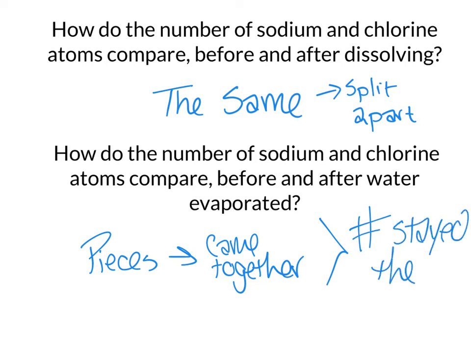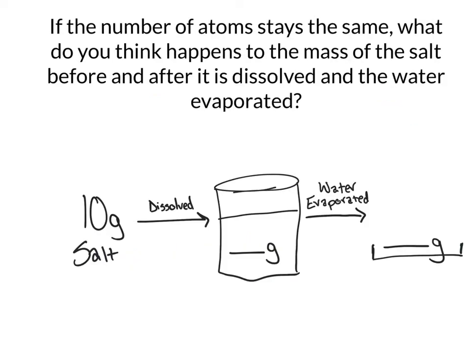And when we start talking about chemical reactions, how chemical reactions change from dissolving and really the differences, we're going to explore this more. But if you just think about the animation and what happened, nothing went anywhere. The water did evaporate, but the sodium and chlorine, they just separated and came back together to form salt.